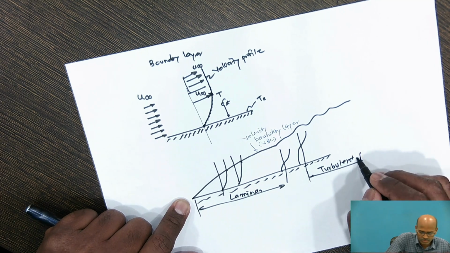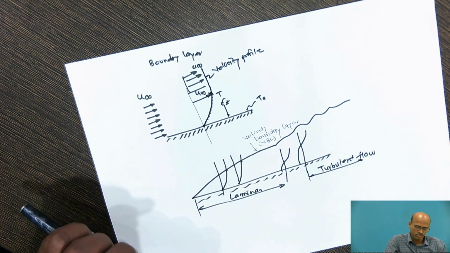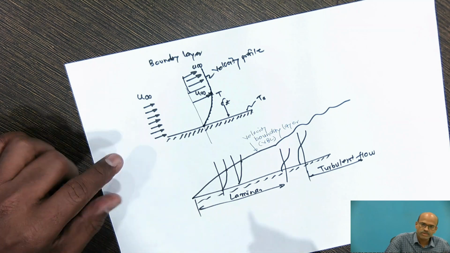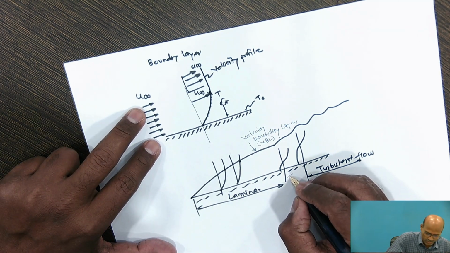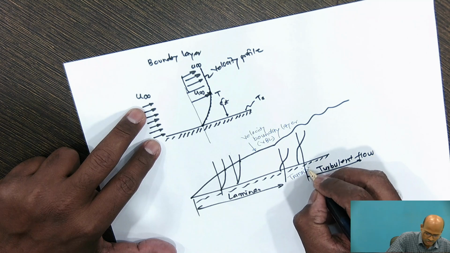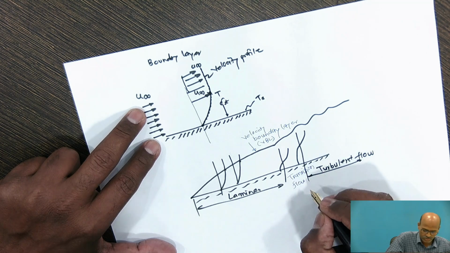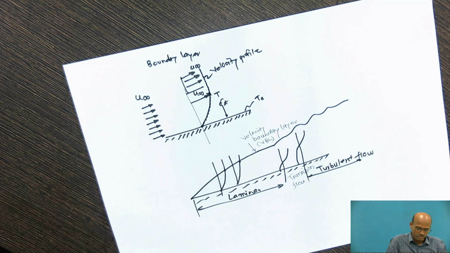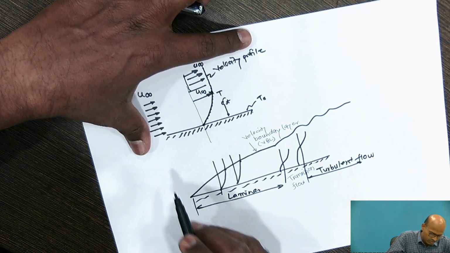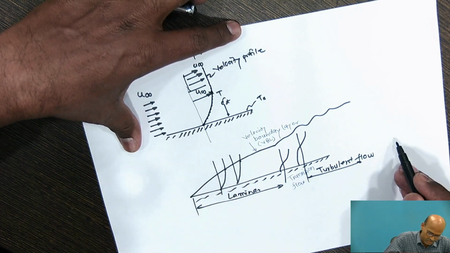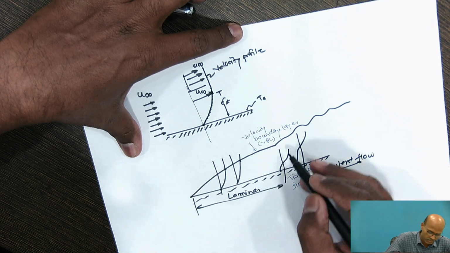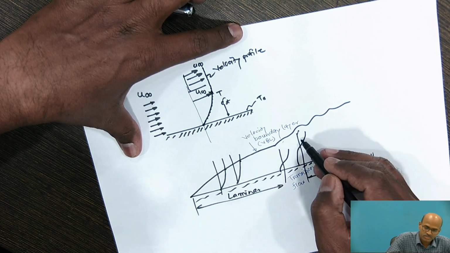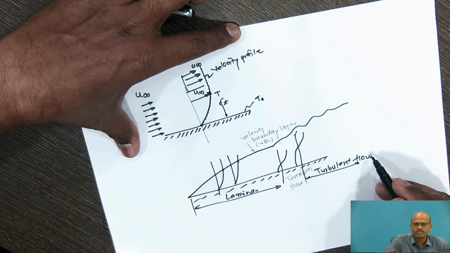The region between laminar and turbulent is called the transition flow region. So the flow of fluid over the surface will have, up to a certain distance, laminar flow, next transition flow and then turbulent flow.